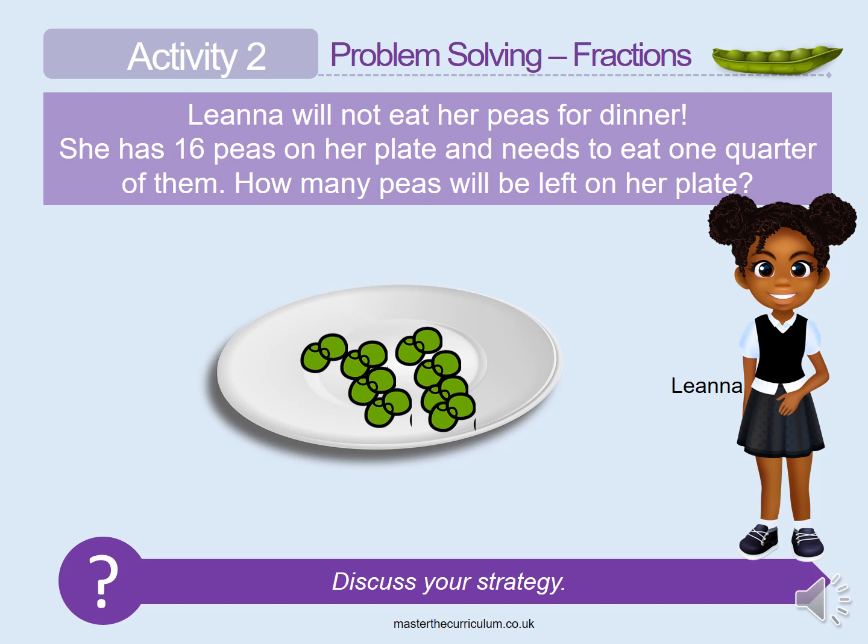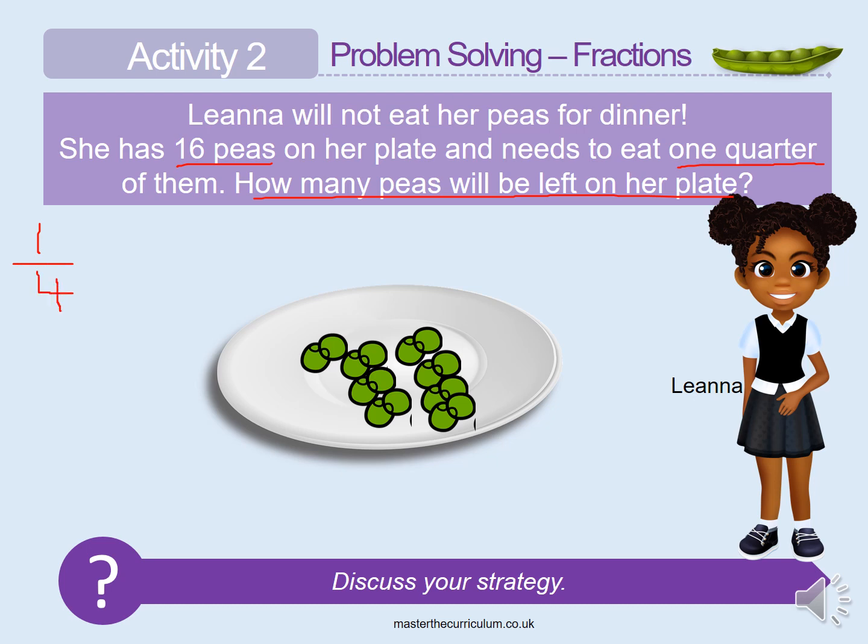So Leanna will not eat her peas for dinner. She has 16 peas on her plate and needs to eat 1/4 of them. How many peas will be left on her plate? So there's a couple of things you need to do here. Here is 1/4 if I write it down.